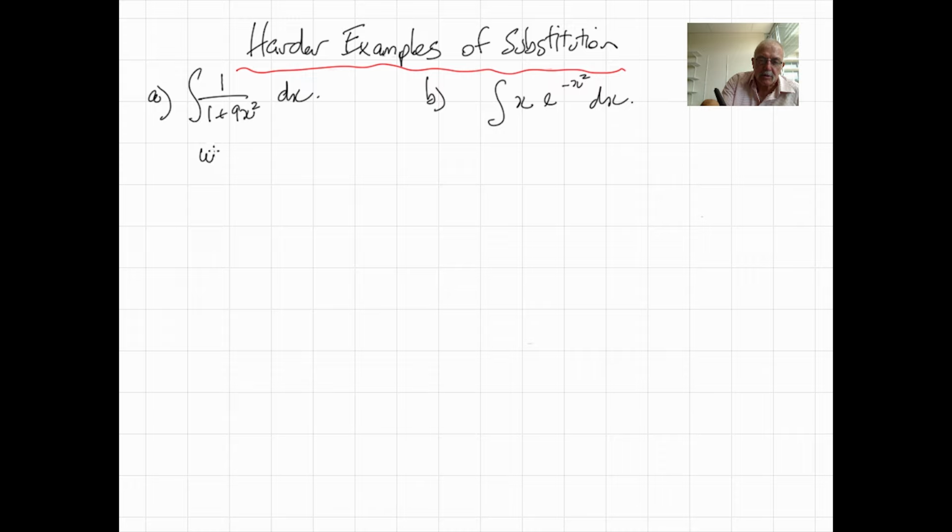So we've got u squared equals 9x squared. So that will be our substitution. In other words, we're going to let u equal 3x, and that way u squared will be 9x squared, and that will get me an easier integration to do. So that's our substitution.